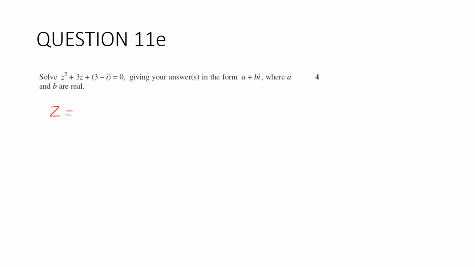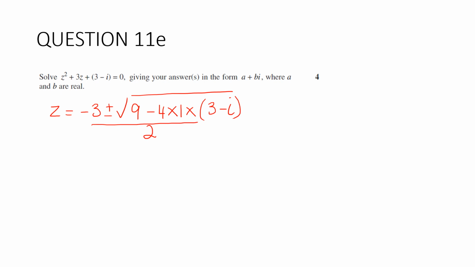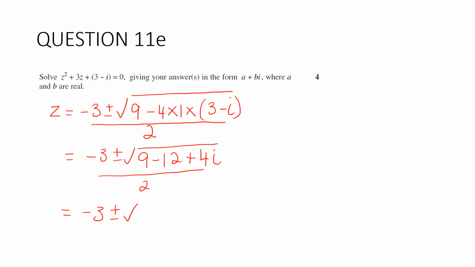So z will equal minus 3 plus or minus the square root of b squared minus 4ac, all over 2a, equals negative 3 plus or minus the square root of 9 minus 12 plus 4i, all over 2, equals negative 3 plus or minus the square root of 9 take away 12 is negative 3 plus 4i, all over 2.